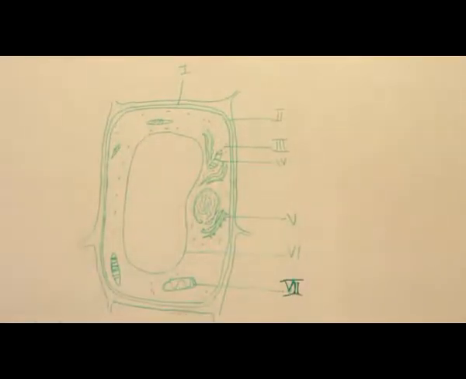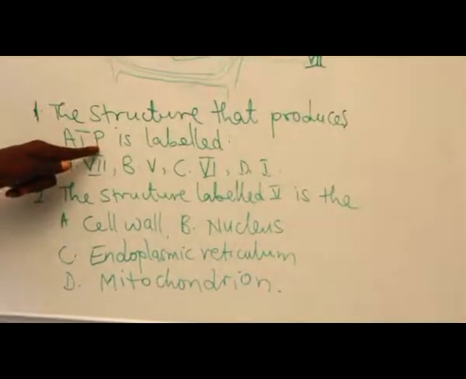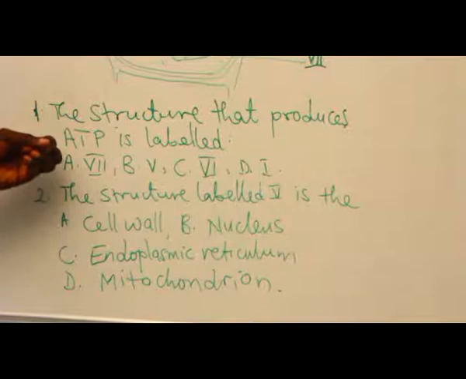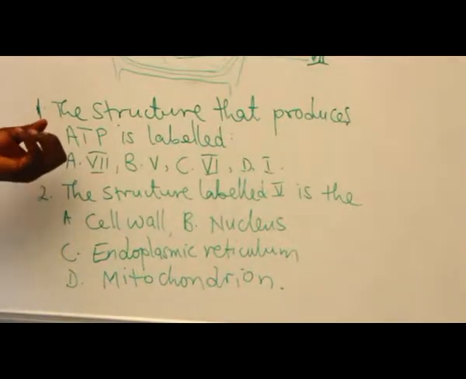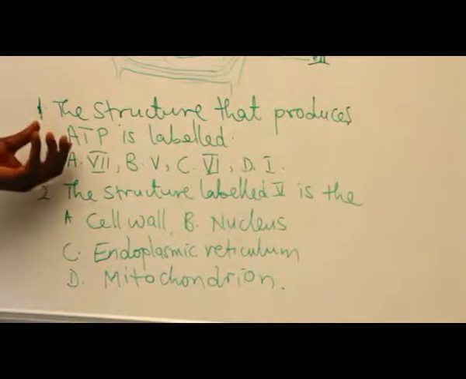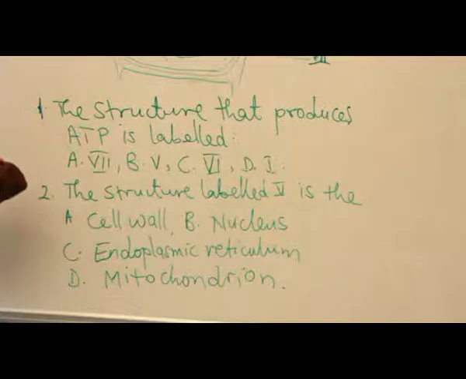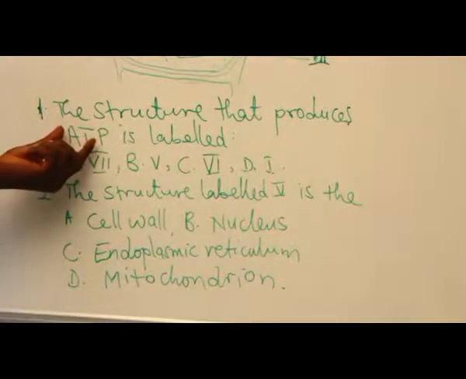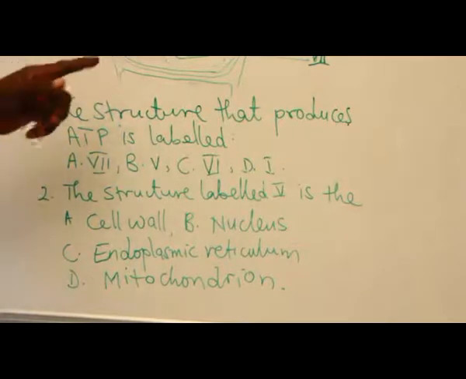And what is ATP? ATP is adenosine triphosphate, a power molecule. That is the fuel the muscles need to carry out their function. That is the fuel any living thing needs to be able to carry out its daily activities. So this is very vital. Where is it produced in the cell?